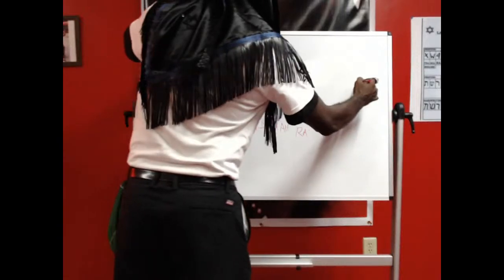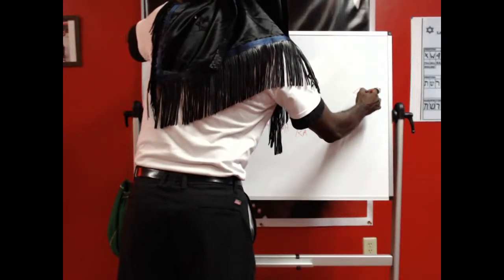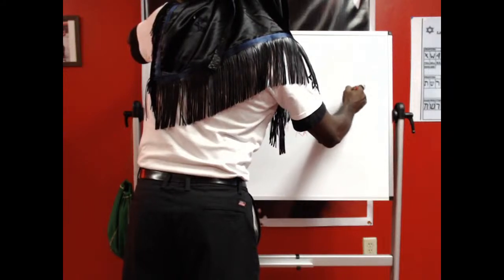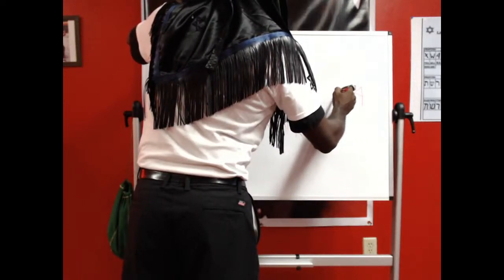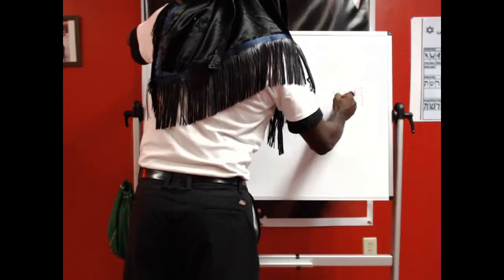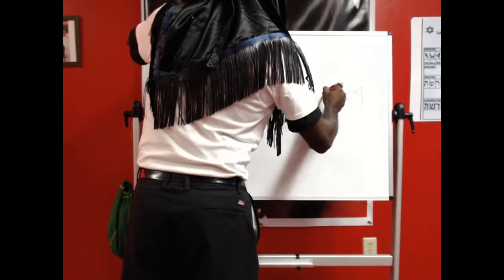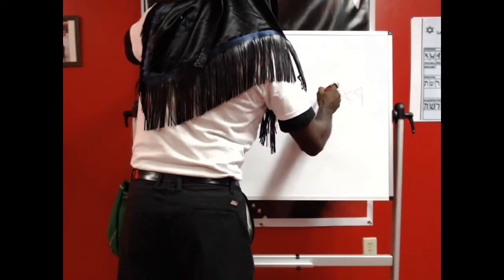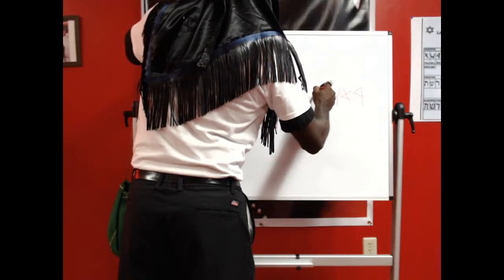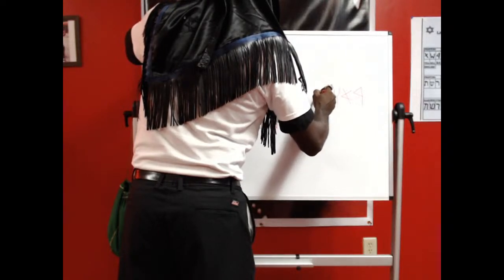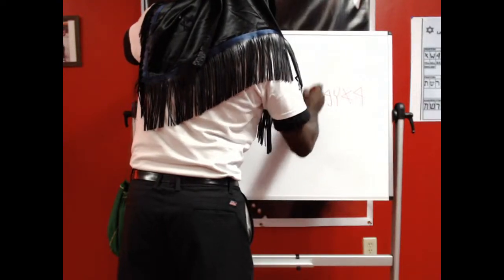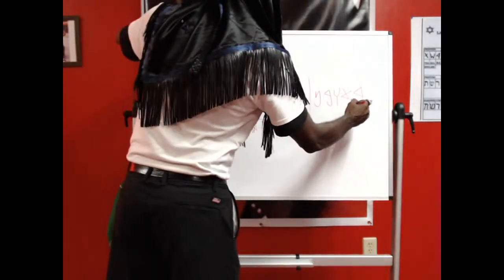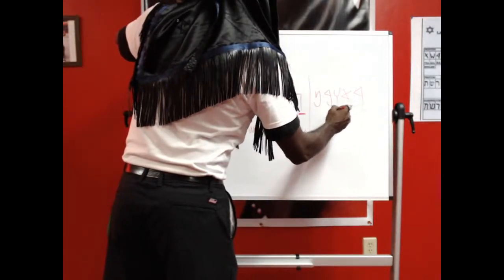So here we go, in the ancient, over here: Ra, Ah, Wa, Ba, and the last character will be a Na. Ra, Ah, Wa, Bun.